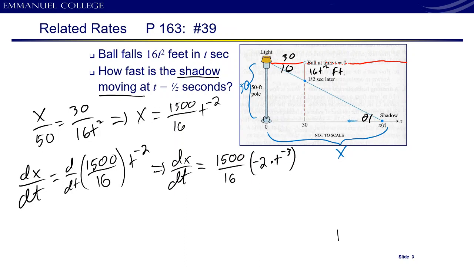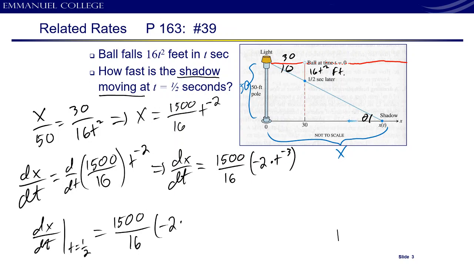So if I do dx dt and I evaluate that at t equals 1/2, then I'm going to get 1500 over 16 times negative 2 times, if you cube 1/2, you get 1/8.